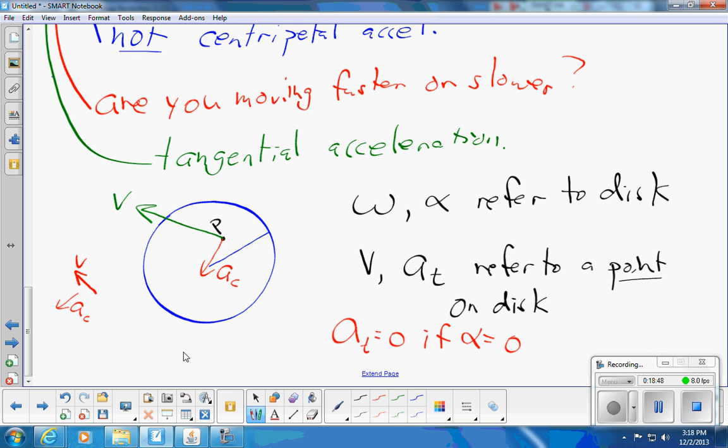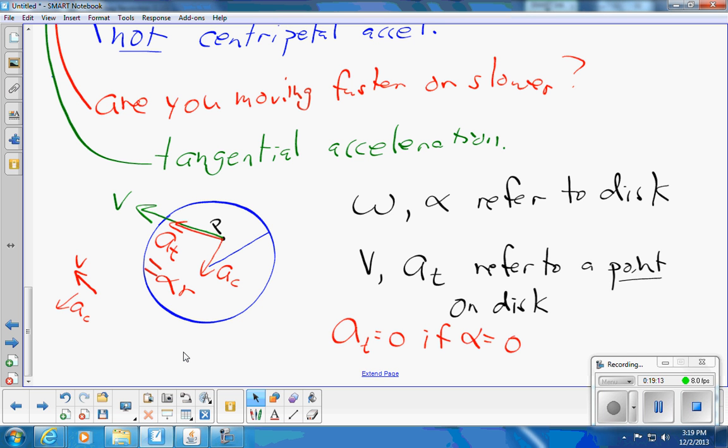And in this case, because this disk is rotating faster and faster and faster, it also has a tangential acceleration, which is equal to alpha times r. So we have to keep the acceleration straight.